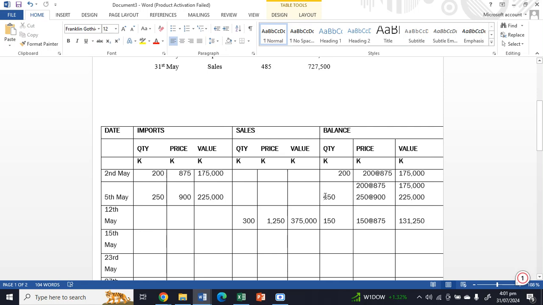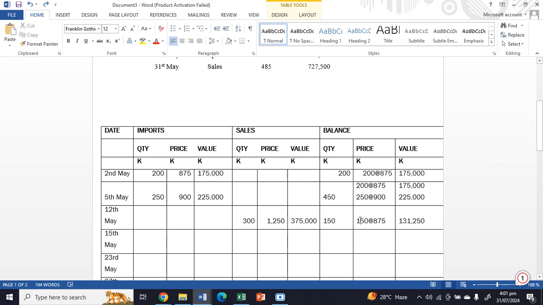So again, we had 450 goods. We sold 300 of them. So it means we remain with 150 goods. Since it's the last in, first out, we deal with the goods that came in last. These 250 goods, we sold all of them. Then after we get rid of this batch, we'll go into the next batch, which is these 200 goods.